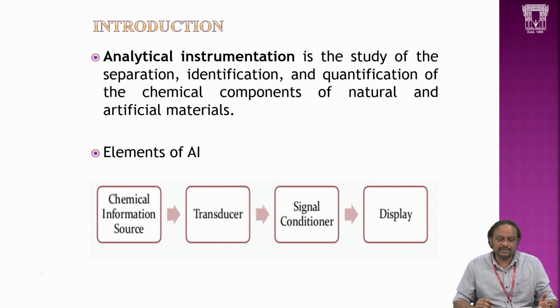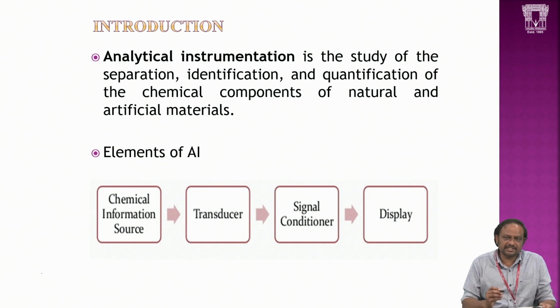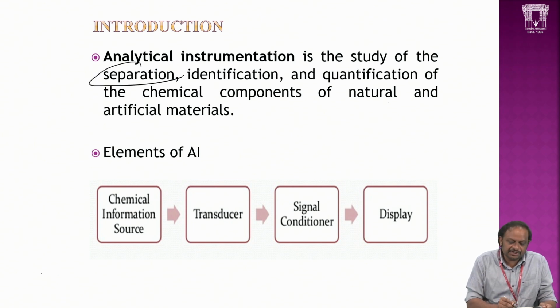Analytical instrumentation is the study of the separation, identification, and quantification of the chemical components of natural and artificial materials. It could be any instrument, like a UV visible spectrophotometer, IR, or flame photometer.